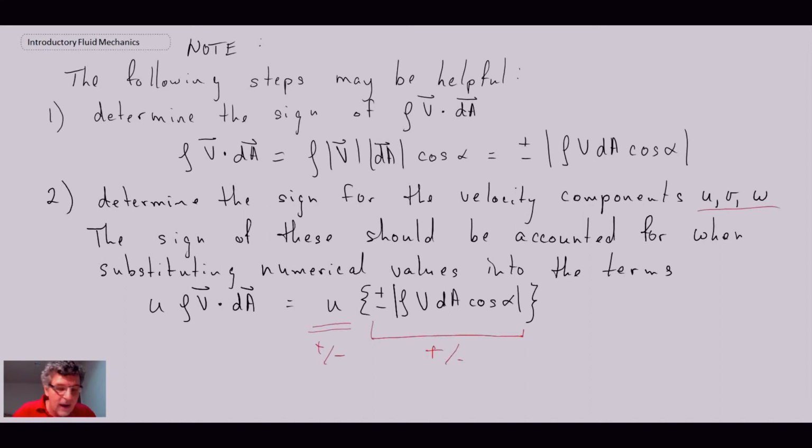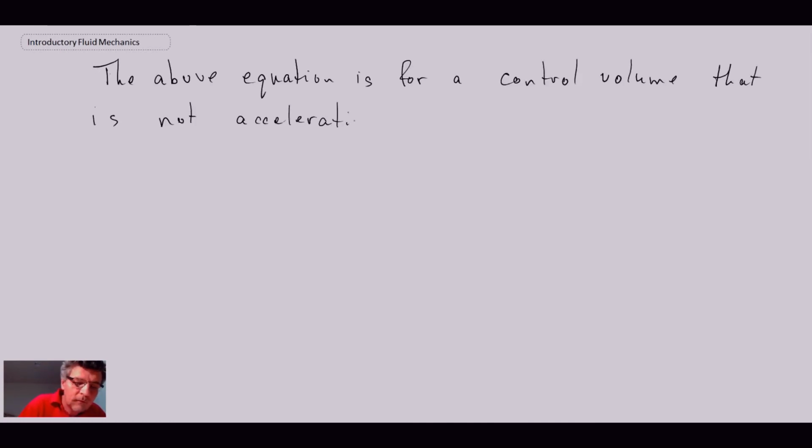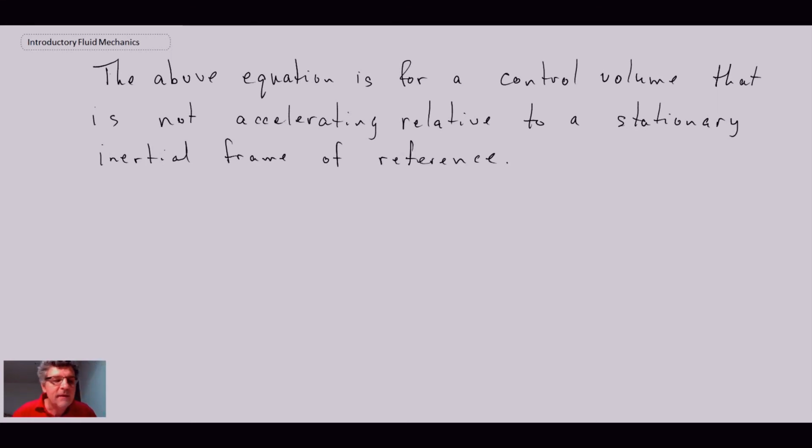So those are a couple of the things you have to be careful about when you're applying the conservation of linear momentum to the control volume. The last thing I should say is that this has some restrictions to it, and I'll just make one last comment. The last disclaimer to make is that this equation is for a control volume that is not accelerating.